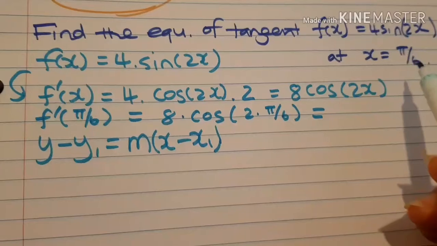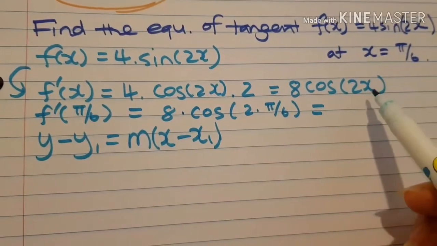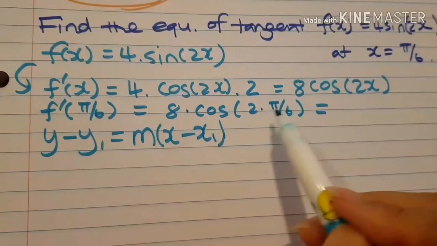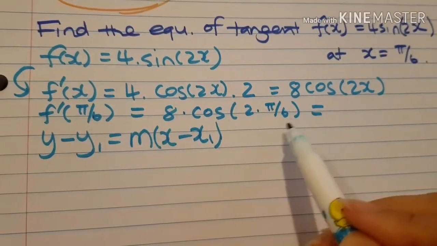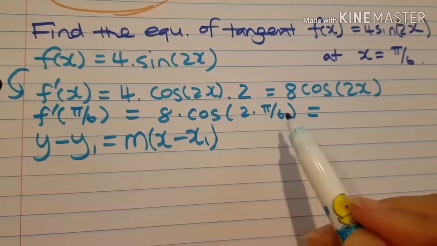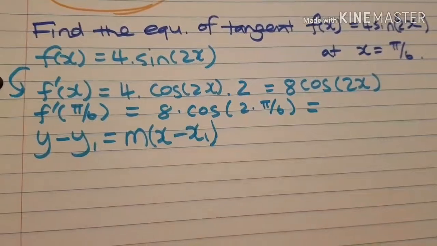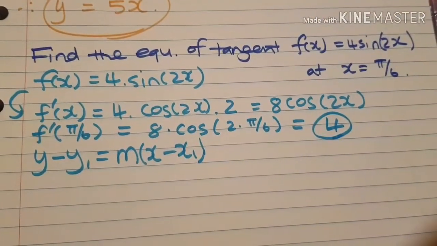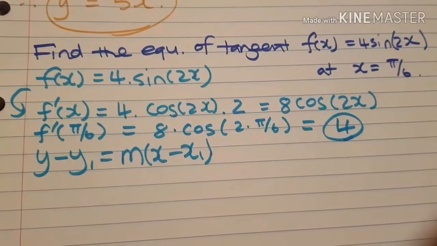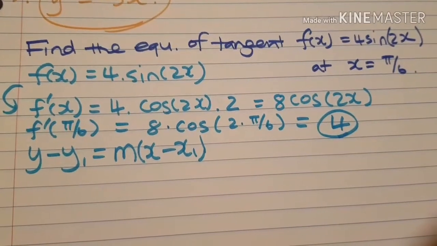So there you go. Instead of x, I just put pi over 6. Calculate this first, do the cosine, then times 8 to calculate the gradient. I get the simple answer, which is 4. So my m is 4.